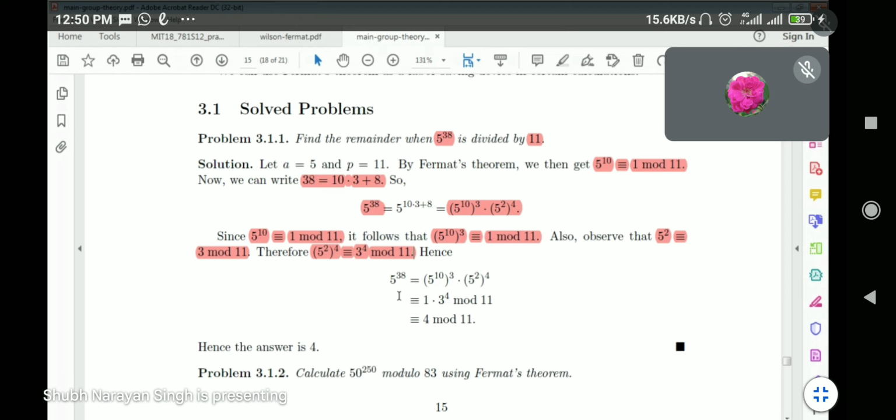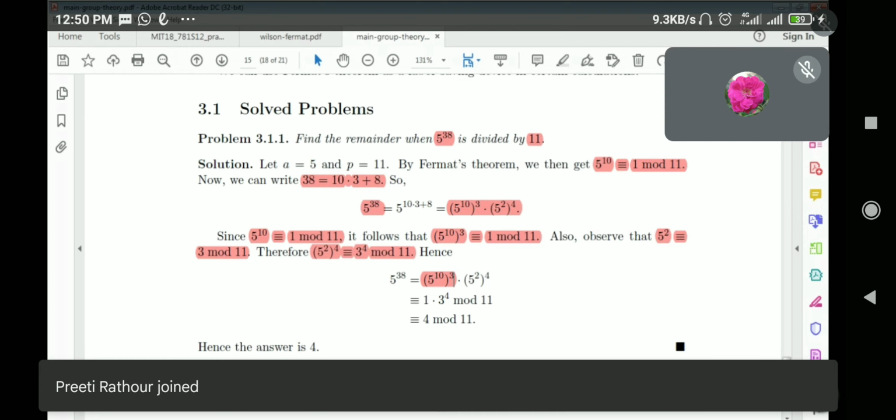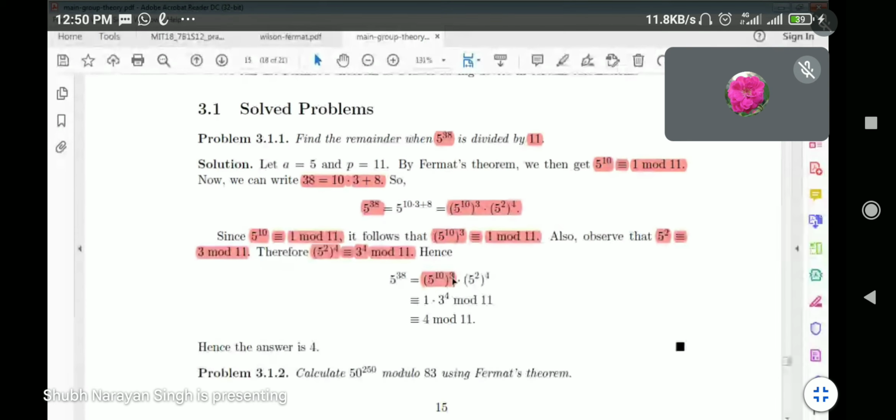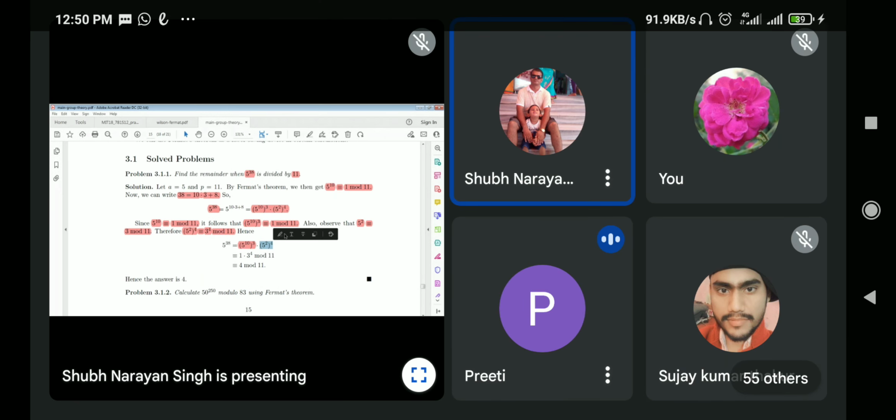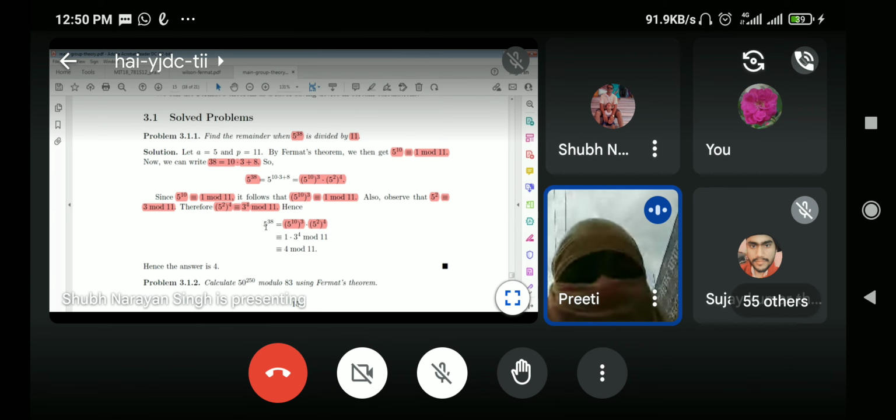Then you can write 5^38 in this way, because this quantity is congruent to 1 modulo 11, and this quantity is congruent to 3 modulo 11.